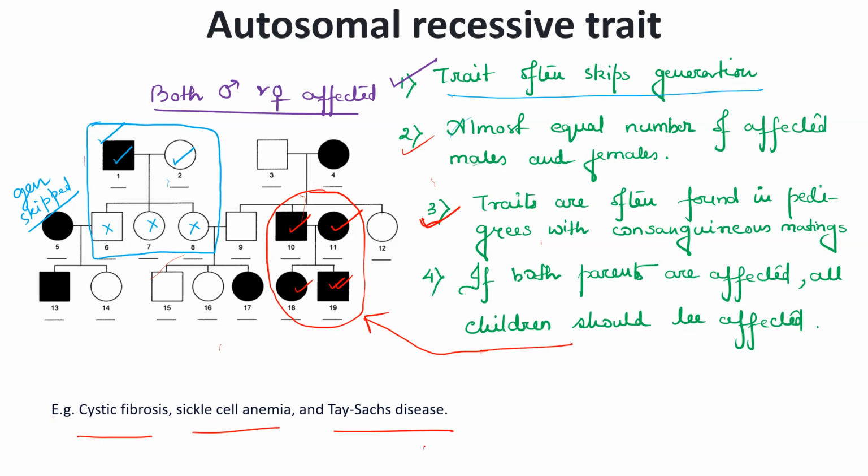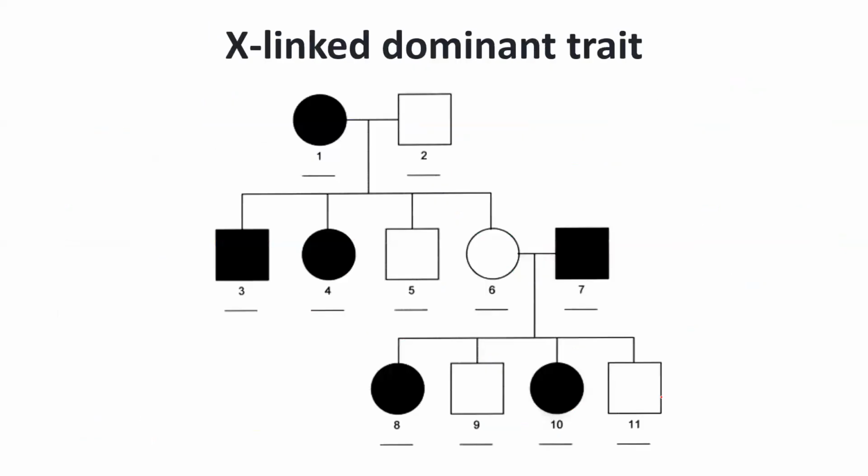Then another few examples are also the alkaptonuria. That's also an important one. Let me write. Alkaptonuria, then lysosomal storage disease, all these things are also there. Wilson disease. Hmm, clear? Next, we'll come to X-linked dominant trait.